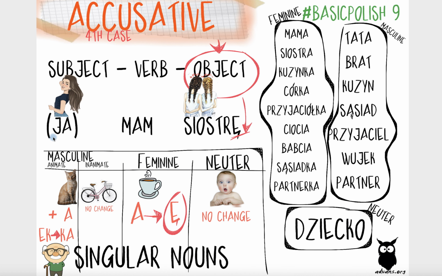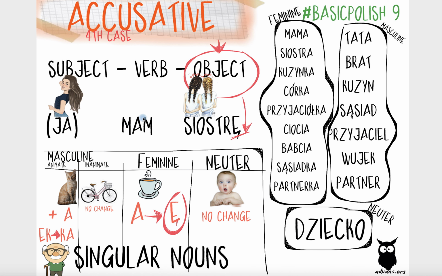So let's look at the example here, right? I've got a simple sentence here. Ja mam siostrę. Ja mam siostrę. And I know we haven't done mam yet, but for the purpose of this lesson, I would like you to acknowledge, to know, or to learn that this means I have.